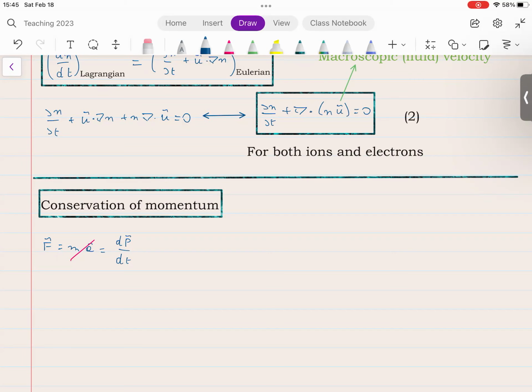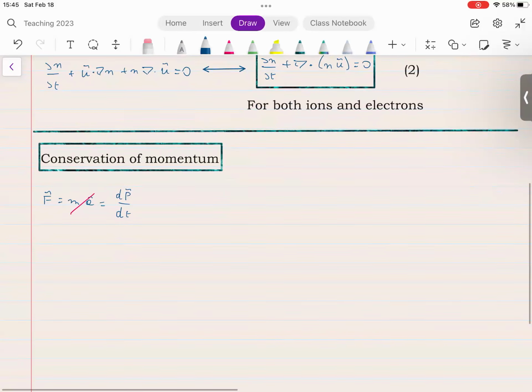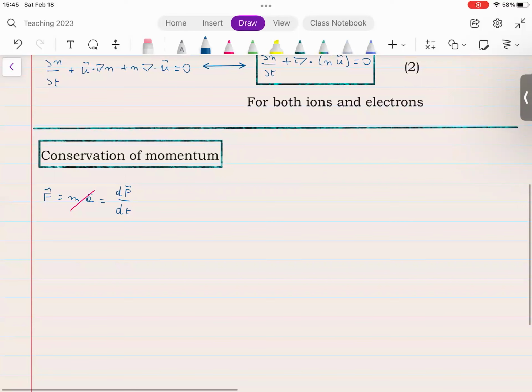Okay, then if this is true for a single particle, it's going to be true for a fluid element that's made up of a good number of particles, hopefully, at least. Therefore, what I'm going to say is that I'm going to try to calculate the time derivative of the momentum in my system.